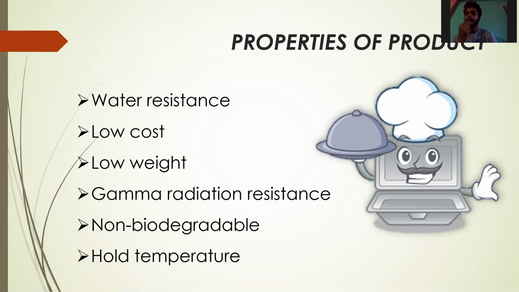This box has also been created with low weight, so it is easy to bring anywhere. A lot of other properties have been included for this lunchbox, as we mentioned in this slide. Then I will explain the manufacturing process.